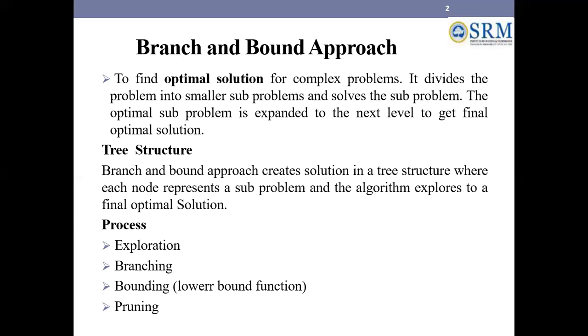And it can be represented. Branch and bound approach can be represented in the form of a tree structure. Tree has a root node. Root node has an initial value and that can be explored in all possibilities. That means it solves the sub-problems for the first stage. The problem is divided into sub-problems.